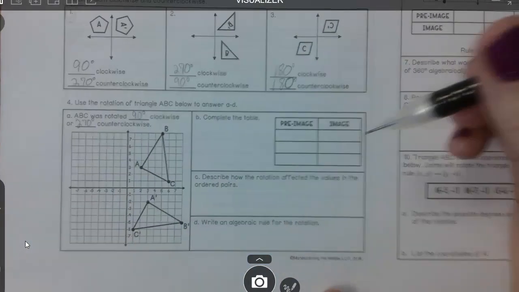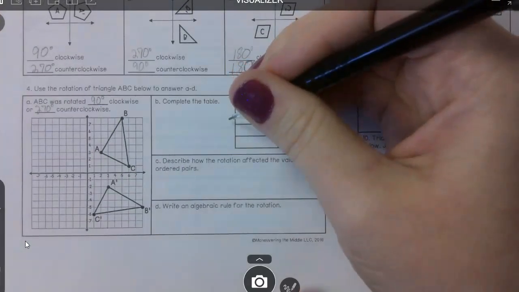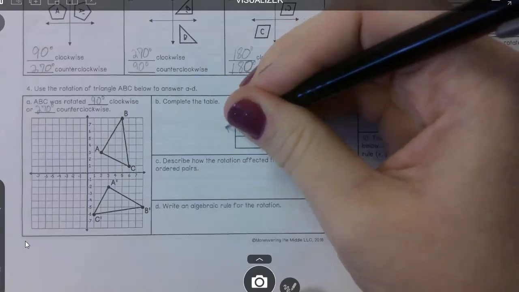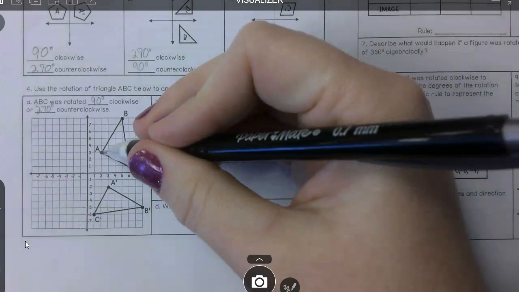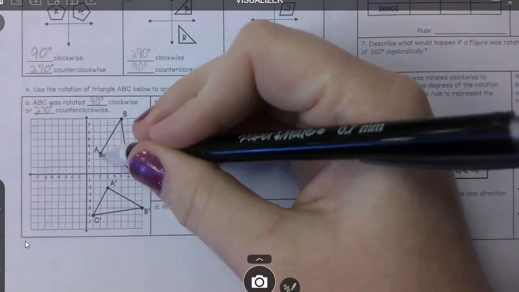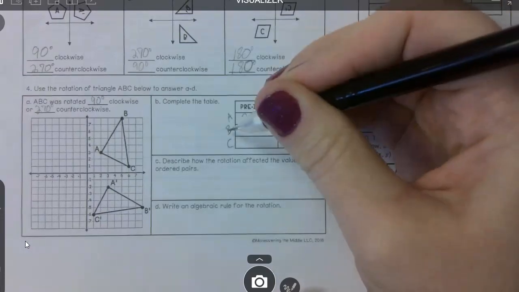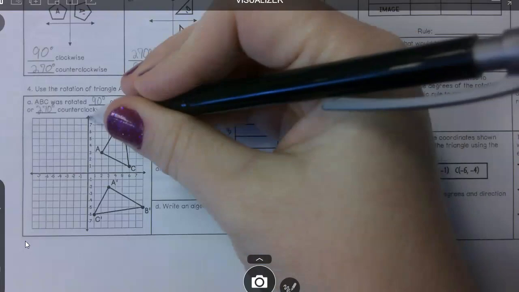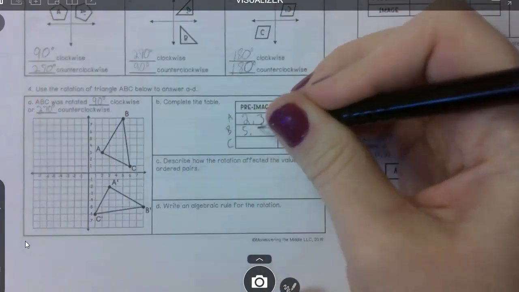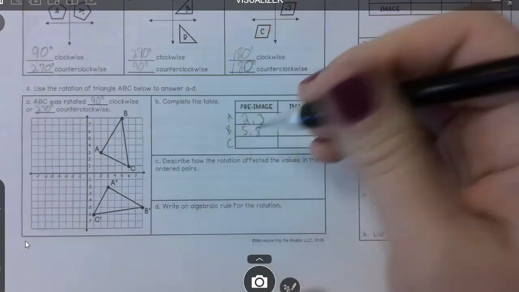All right, let's go ahead and complete the table. We're going to be filling in these coordinate points and looking for a pattern. So let's find points A, B, C. Point A is at (2, 3). Point B is at (5, 8). And point C is at (6, 1).